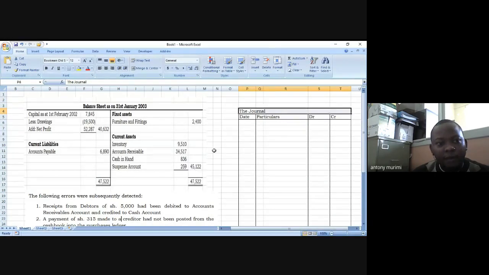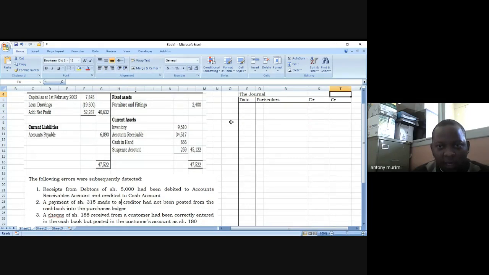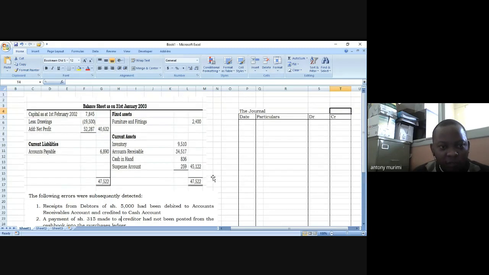Number 1, receipts from debtors of 5,000 shillings had been debited to accounts receivable account and credited to cash account. There is something wrong with that entry.